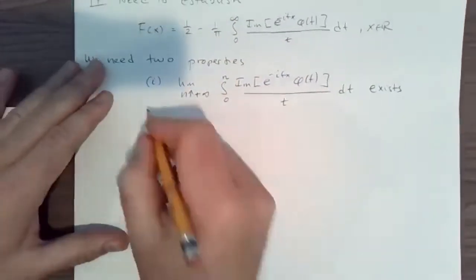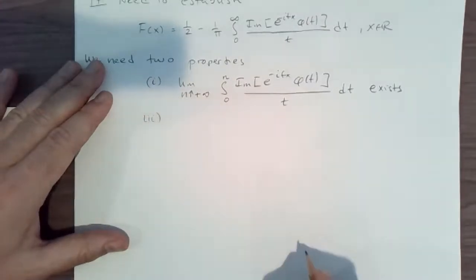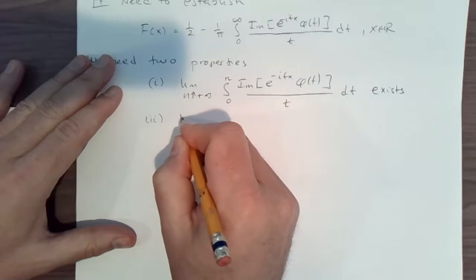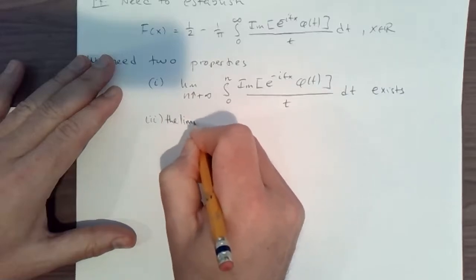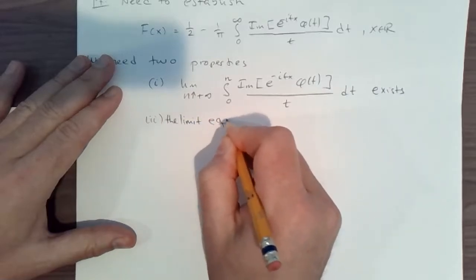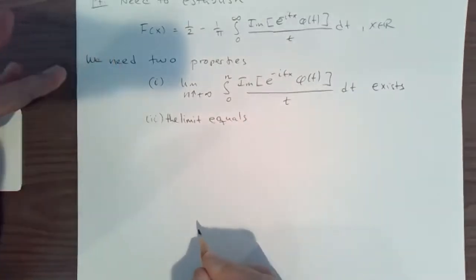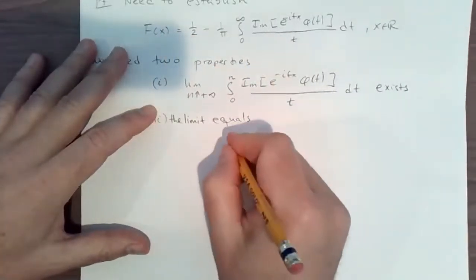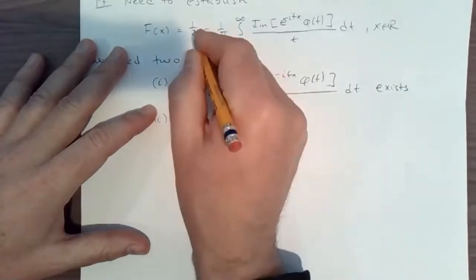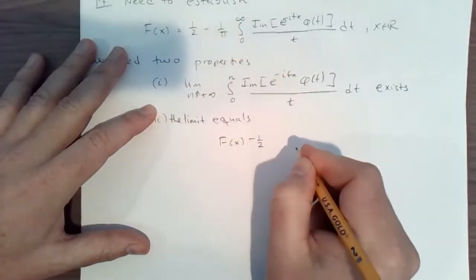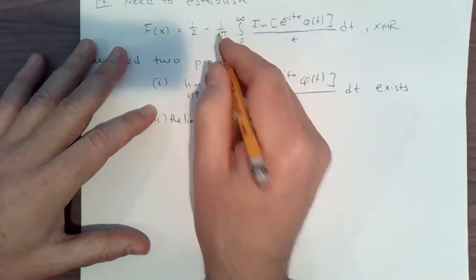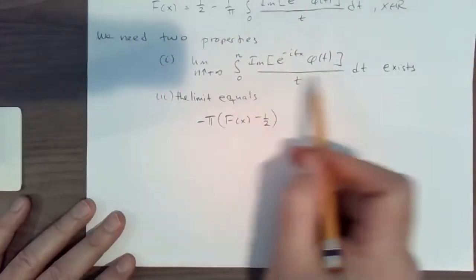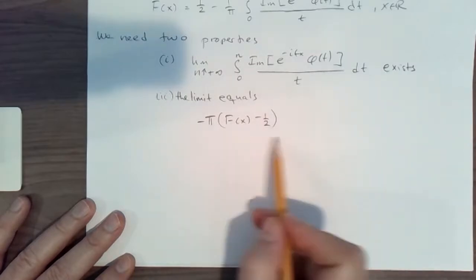So we need to prove that this exists, and two, we need to prove that this limit equals something very specific, like that this limit here equals F of x minus 1/2 times minus pi. Right, we need to compute what this limit here is and prove that it's equal to this.